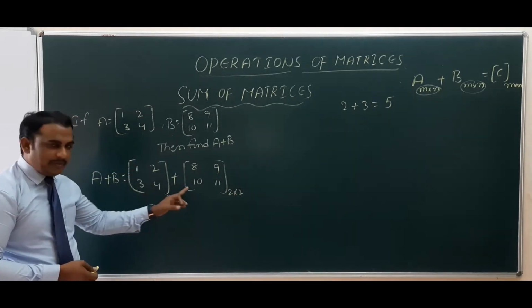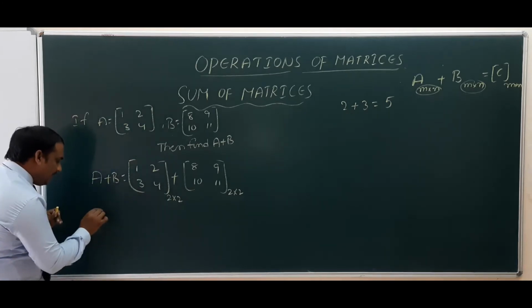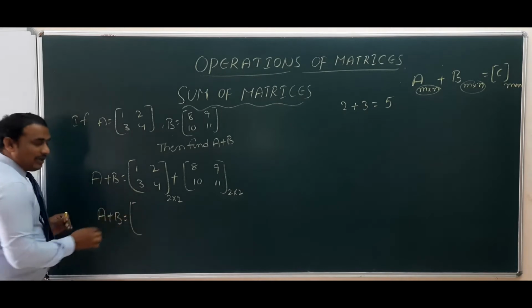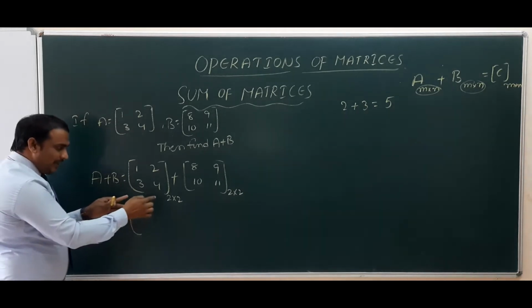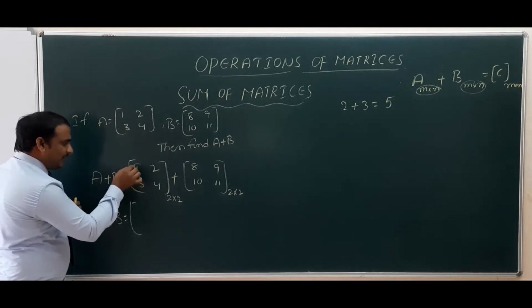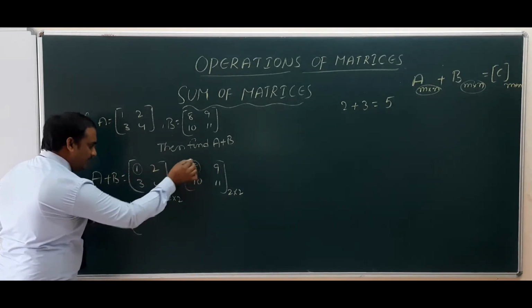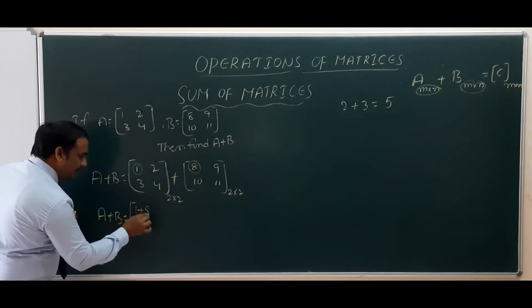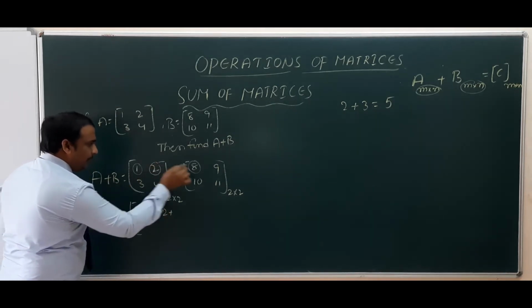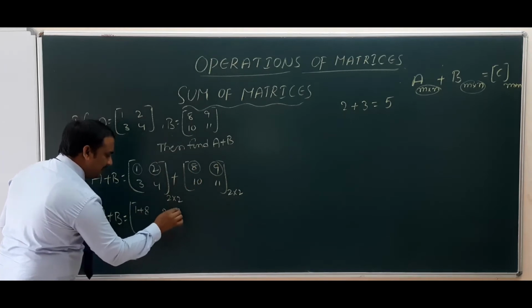Now both matrices' order is the same, so you have to sum the matrices. A plus B equals, you have to add corresponding elements. What are the corresponding elements here? Here 1, here 8, so you write 1 plus 8. Next, 2 plus 9.